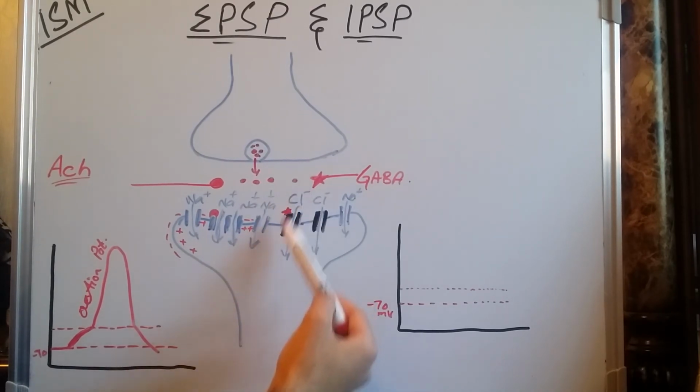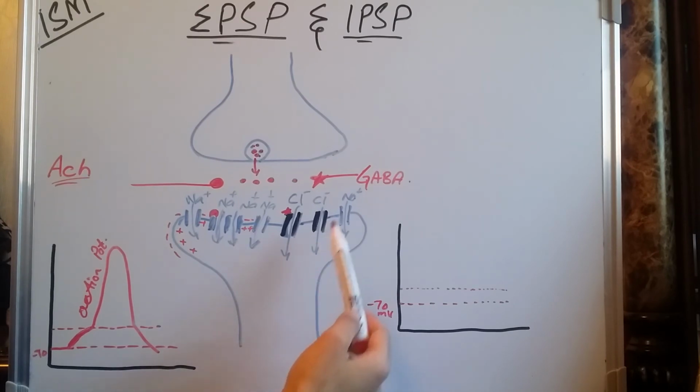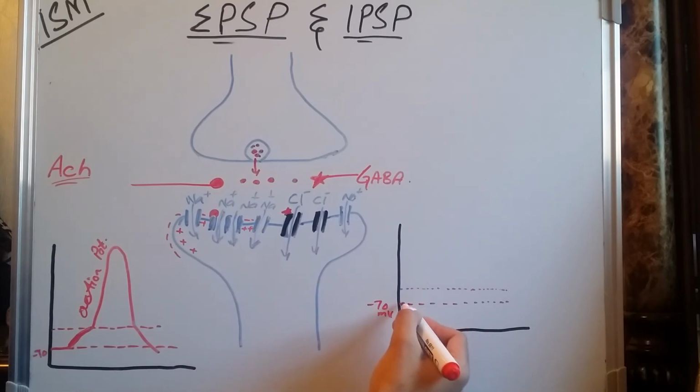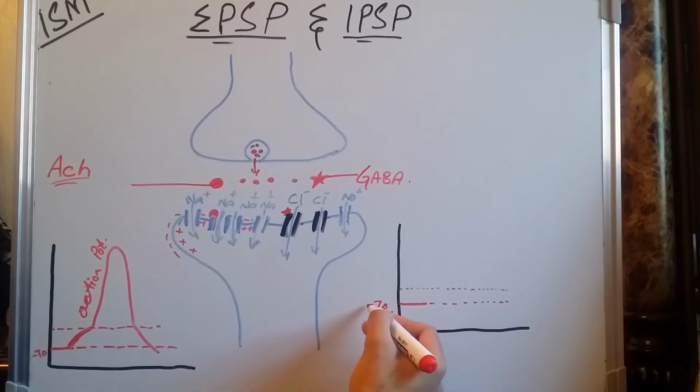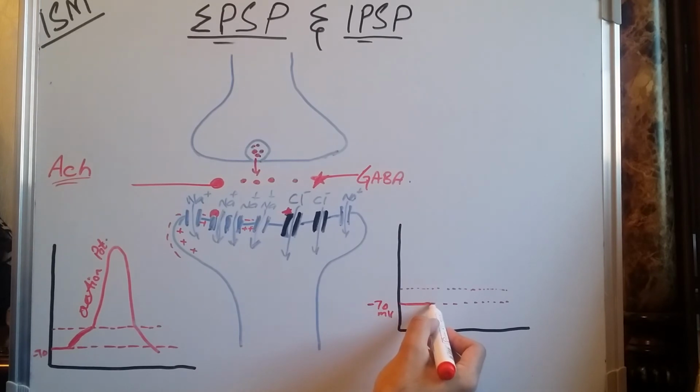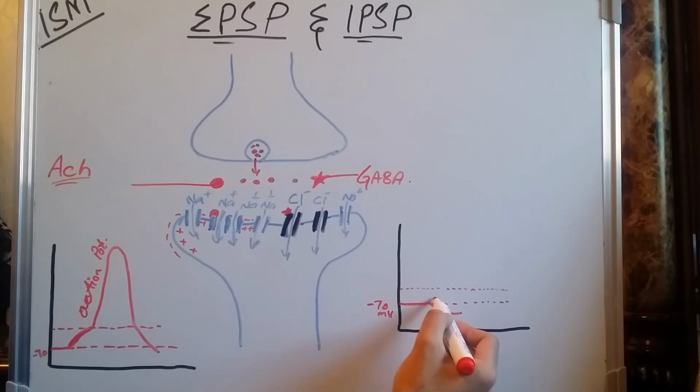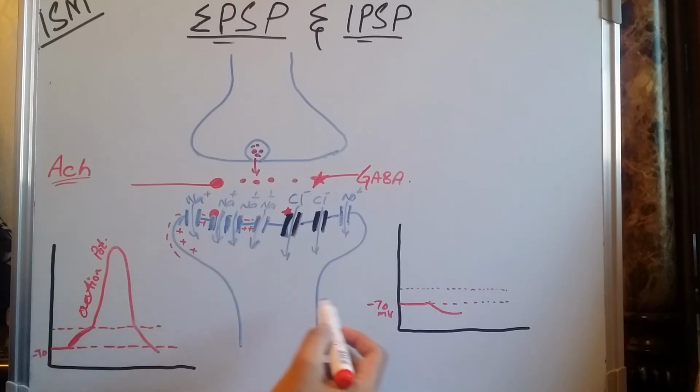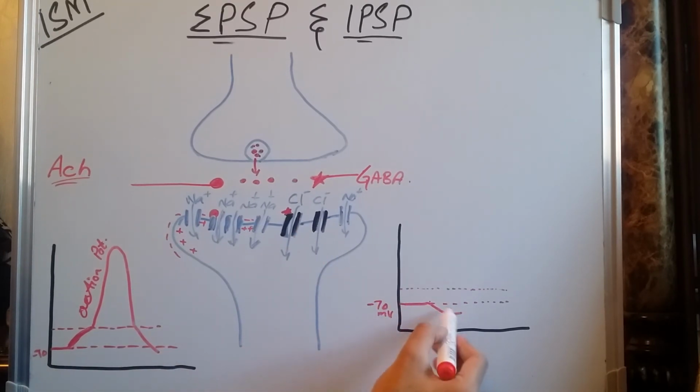They will open up, and more and more chloride comes inside and less sodium inside. Due to the entry of this negative ion, the membrane which was already at minus 70 starts to hyperpolarize. So they will not generate an action potential, because more and more chloride is coming inside and making the membrane more hyperpolarized, and this hyperpolarization carries the resting membrane potential away from the threshold.